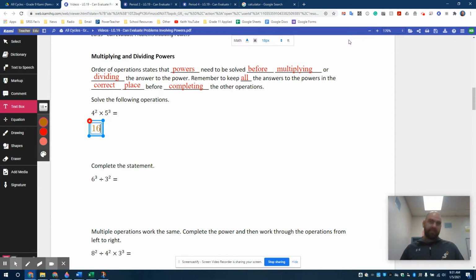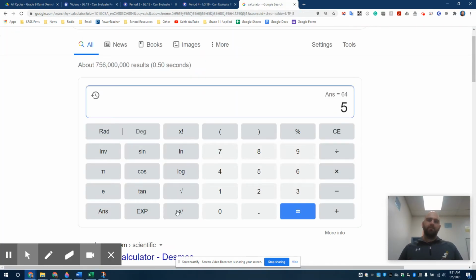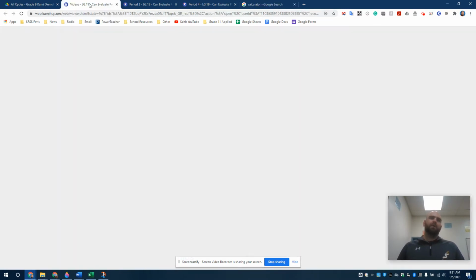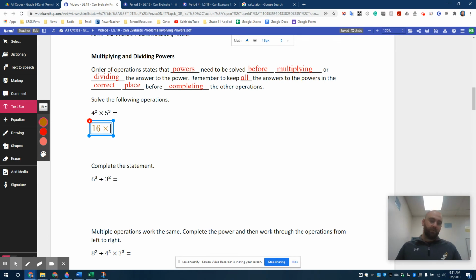It's 16. And then times 5 cubed is a bit of a bigger one. You might be able to do that one in your head, you might not. It is 125. We can think of it as 5 times 5 is 25, 25 times 5 is 125. And so we get that as an answer.